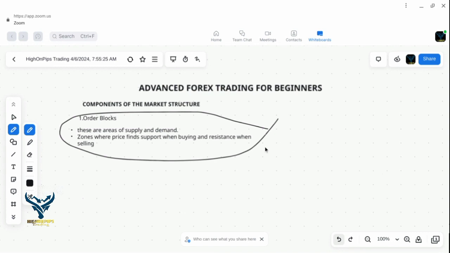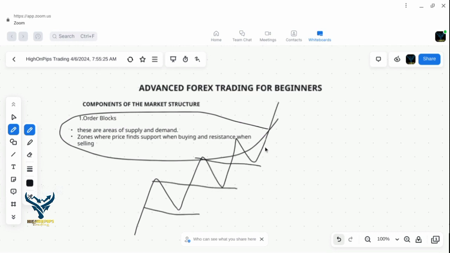So remember, you should always know how to combine everything at once, the buy structure and the sell structure. What do I mean by this? So let's say the market is in a bullish trend like this, it's going up, it keeps finding support at order blocks.